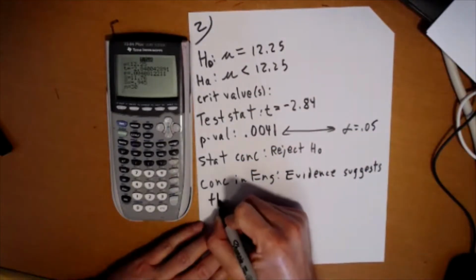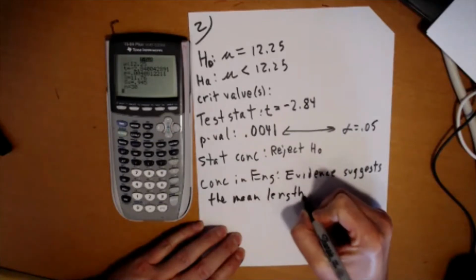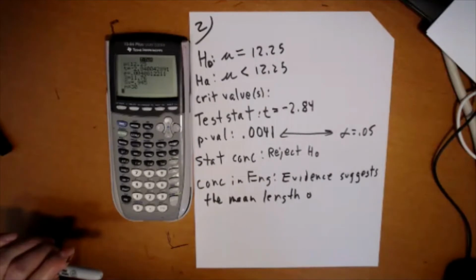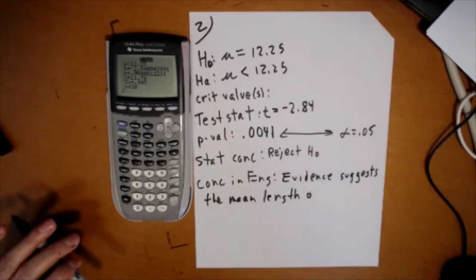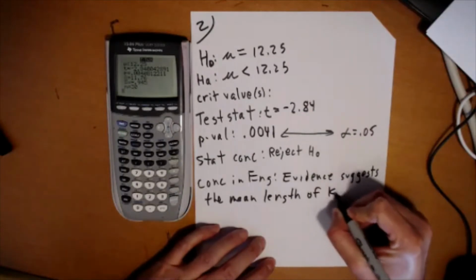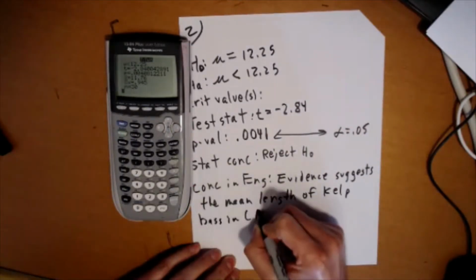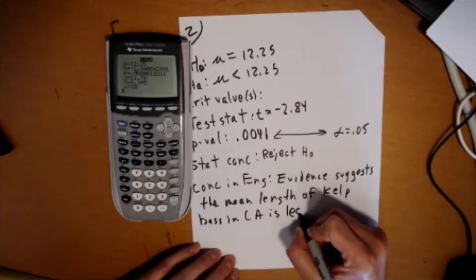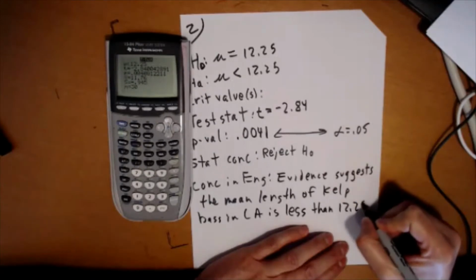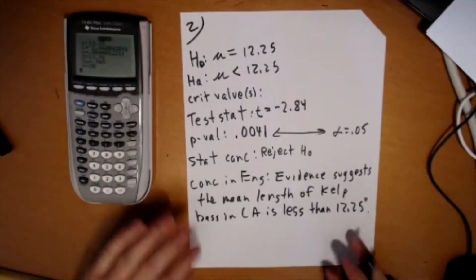The mean length of what? Of, was it kelp bass? Who writes these problems? The mean length of kelp bass in California is less than 12.25 inches.